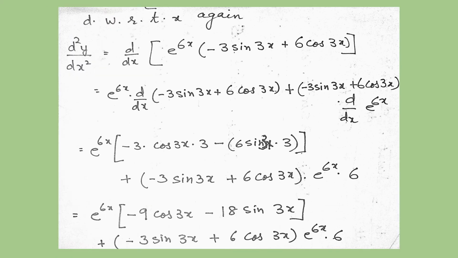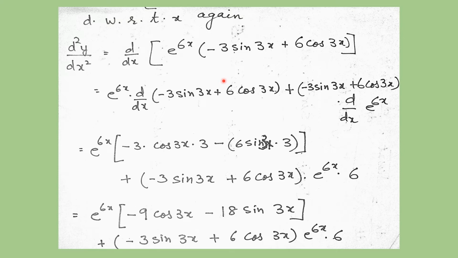Moving further, again differentiate with respect to x. We want to find d square y upon dx square. Okay, so it will be the derivative of e power 6x bracket starts minus 3 sine 3x plus 6 cos 3x.